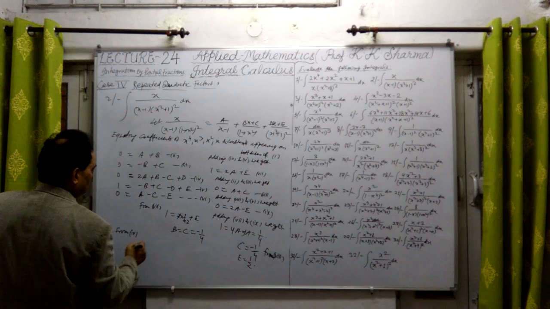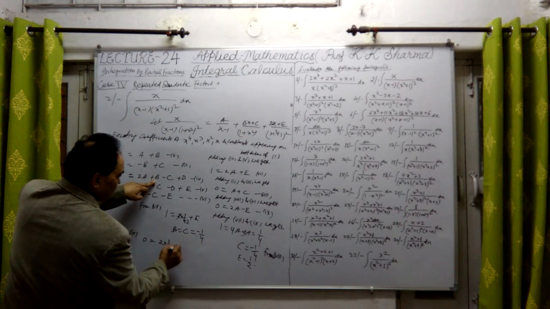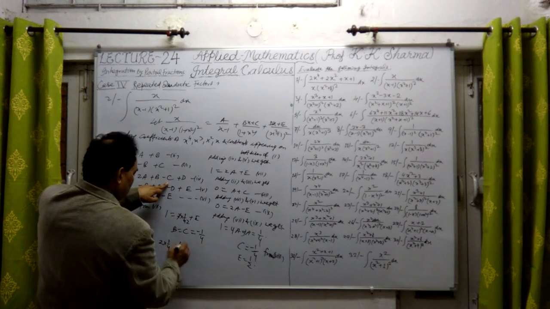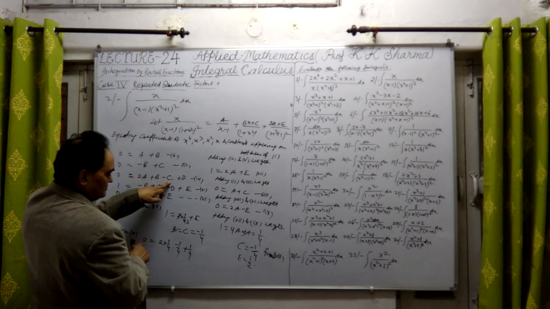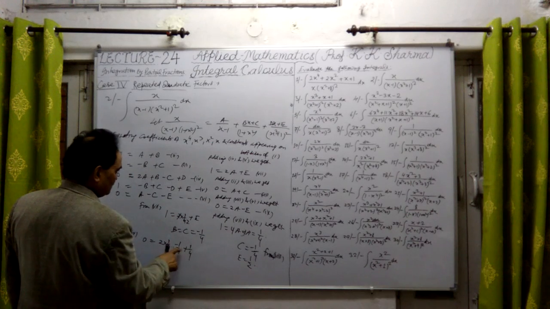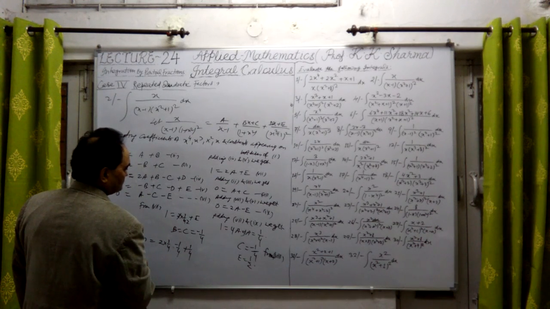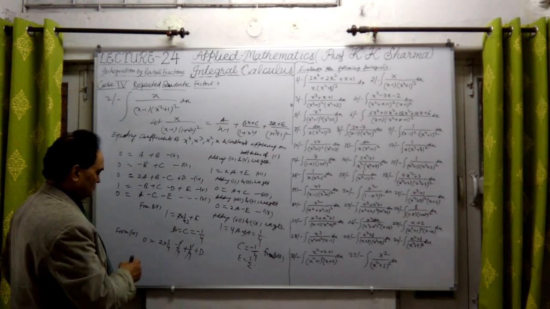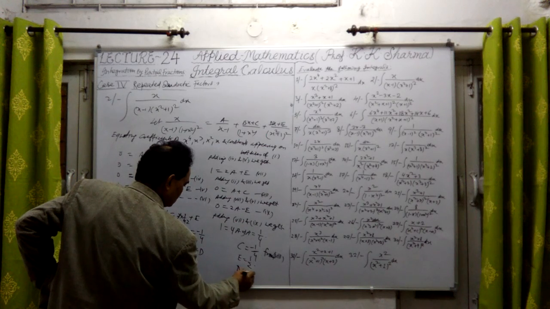From the fourth, we get 0 equal to 2 into A, which is 1/4, plus B is minus 1/4, minus C is plus 1/4, plus D. What we get is 1/2 only, so D equal to minus 1/2.